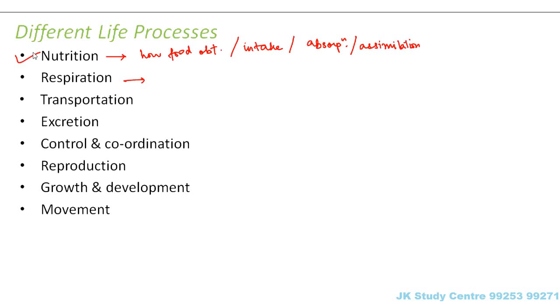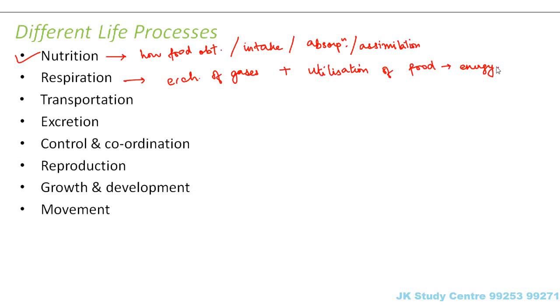One part deals with the exchange of gases, wherein we talk about the process of breathing, and in the other part we talk about the utilization of food to give energy. Like in respiration we are going to talk about how energy is produced from the absorbed food.